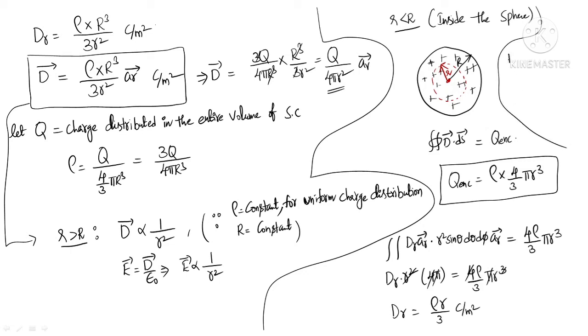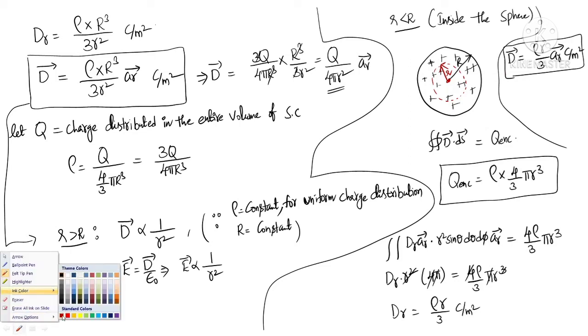I can express this as D bar is equal to rho into r by 3 a r bar coulomb per meter square. This is the expression for flux density inside the spherical charge, and this is the expression for electric flux density outside the spherical charge.